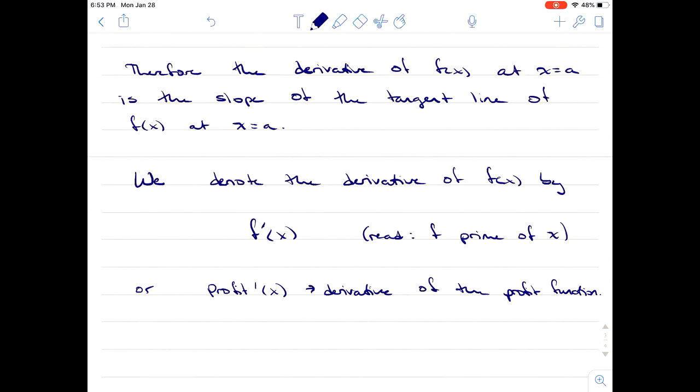So that's kind of where we're headed. First, we need to know what a derivative is. How does it work? What do we do? Right? And then what we're working towards is being able to take the derivative of a profit function to maximize it. Fun.